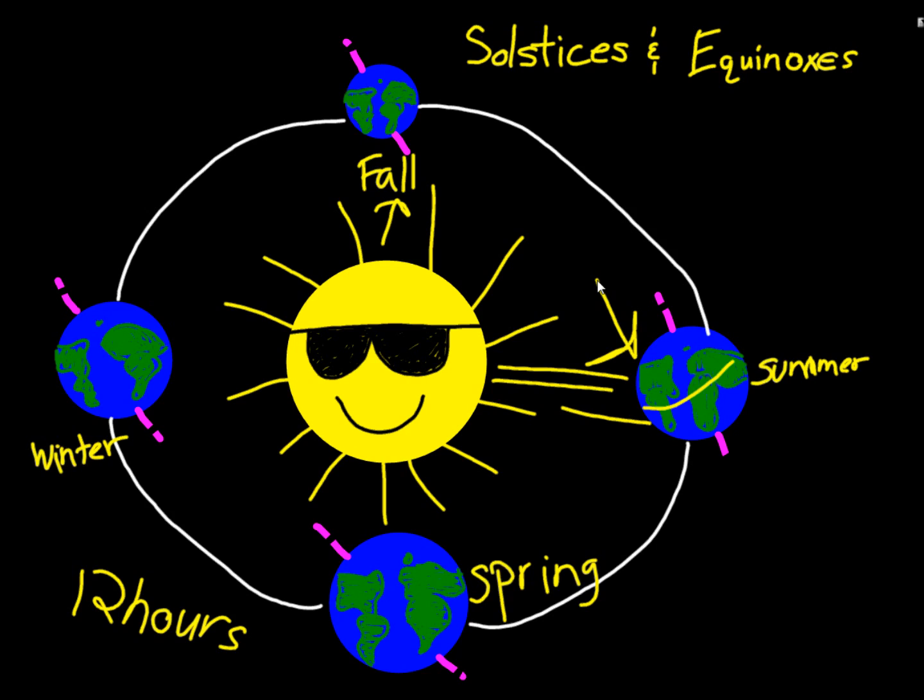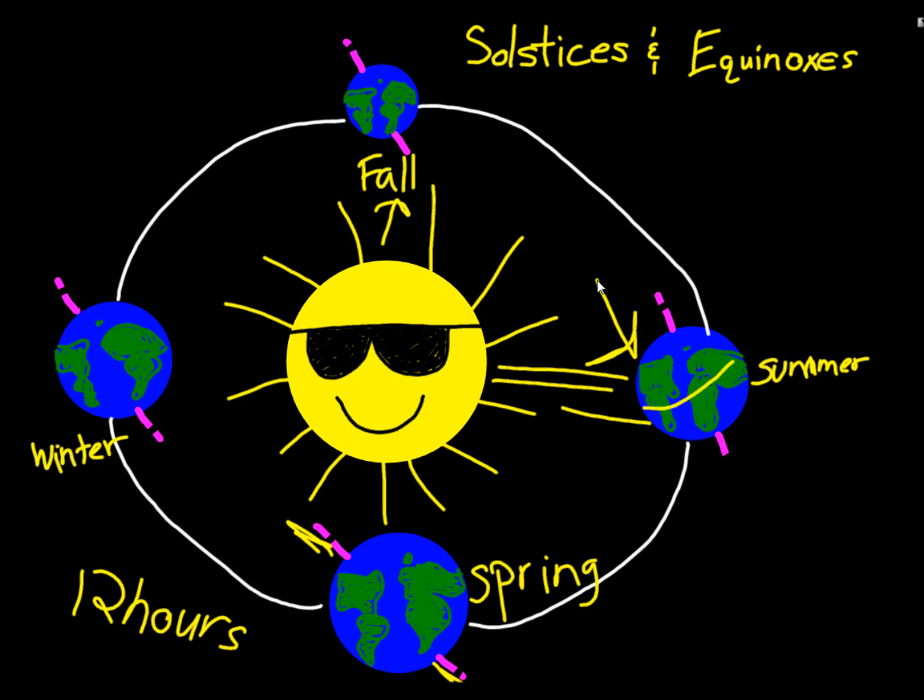Equinoxes happen only when Earth's axis is tilted neither directly at the sun nor away from the sun. And so this way, it's kind of sideways compared to the sun, so both hemispheres have the same amount of daylight hours.